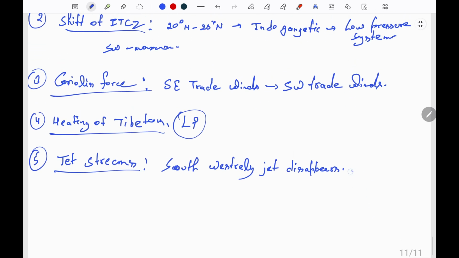This is India. Here the tropical easterly jet appears, which is moving from the east direction.